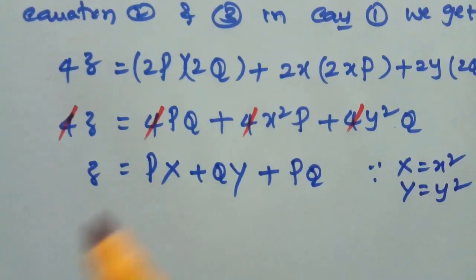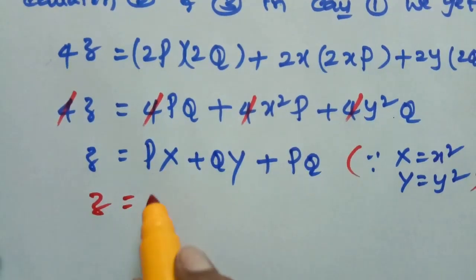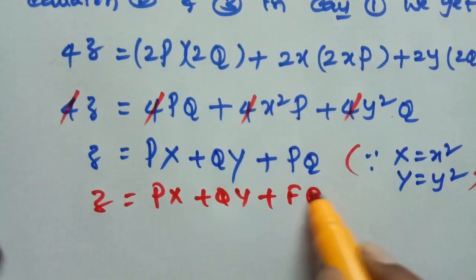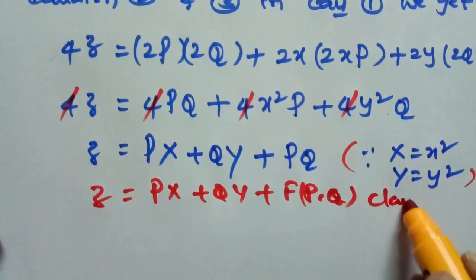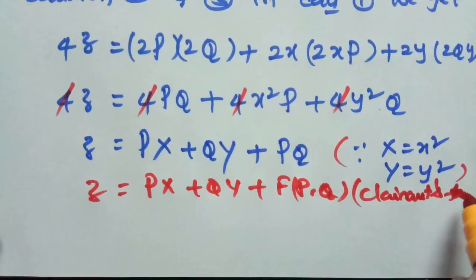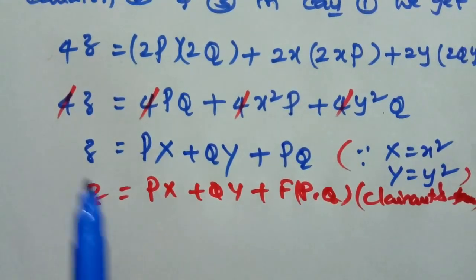Therefore, this is of the form z is equal to Px plus Qy plus f of PQ, Clairaut's form.